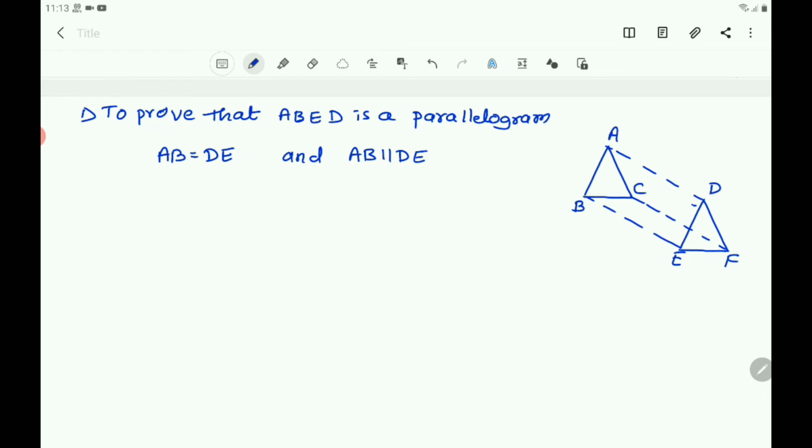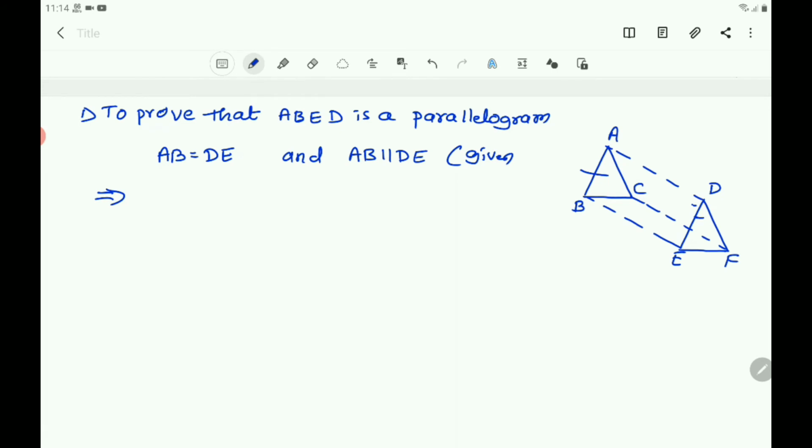That is given here. That implies ABED is a parallelogram.